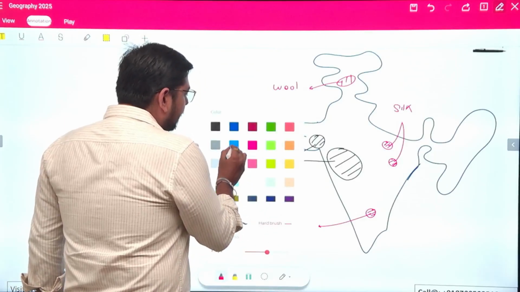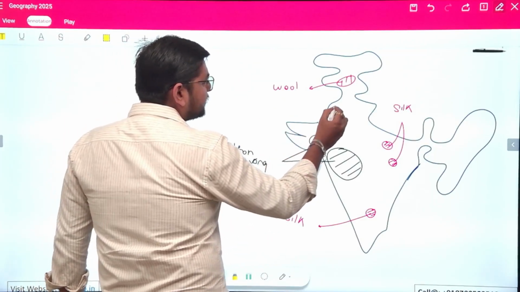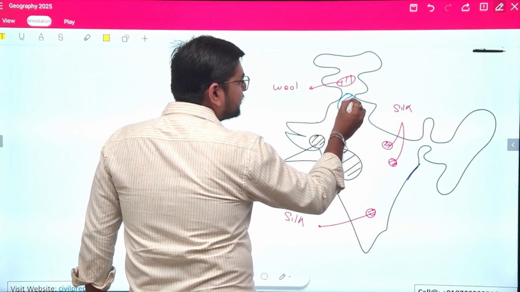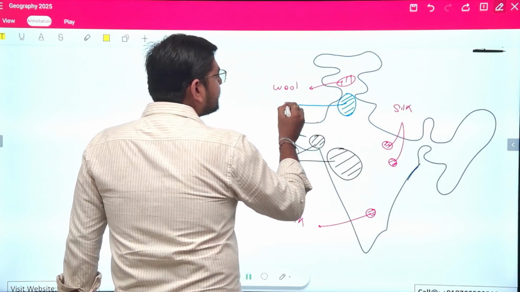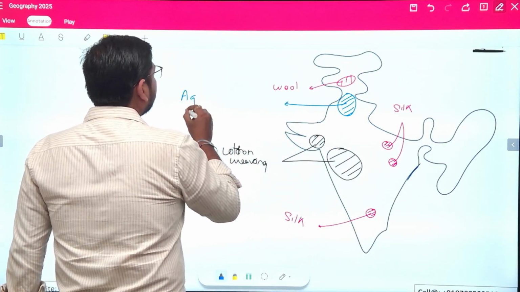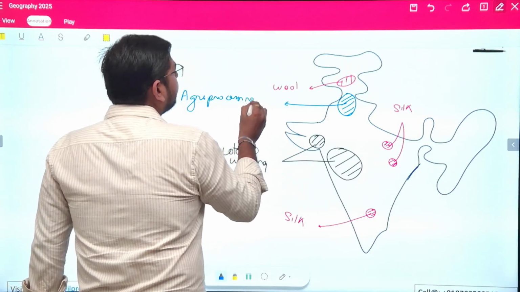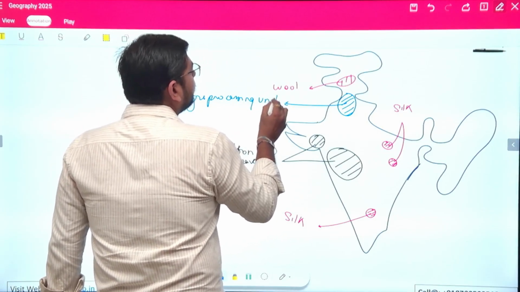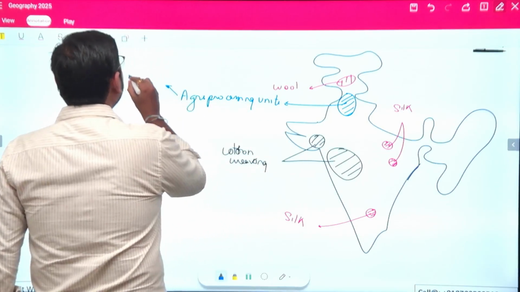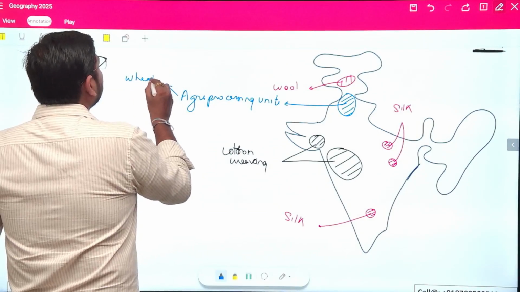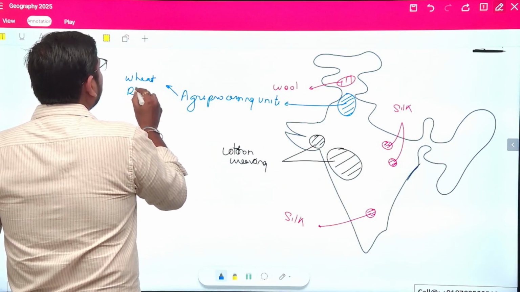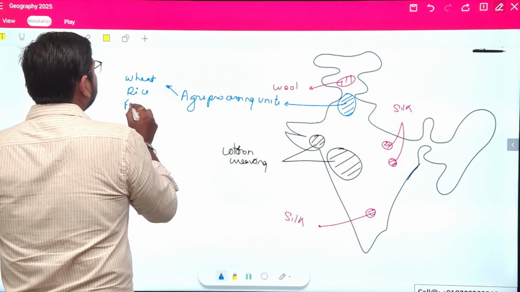Now, when I look at the agro processing units, so in the Punjab and Haryana region, in the contemporary time, there is development of agri processing units. For example, for wheat, rice, okay, and certain fruits.